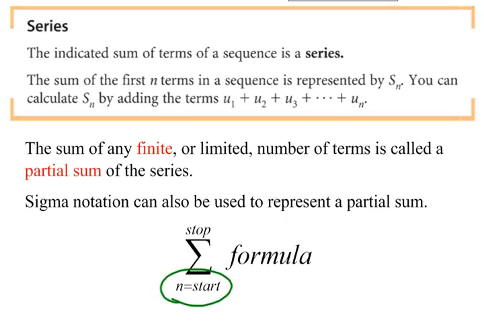That number is where you start. And on the top, you're always going to have another number. That number tells you where to stop. You'll see this in some examples coming up shortly.